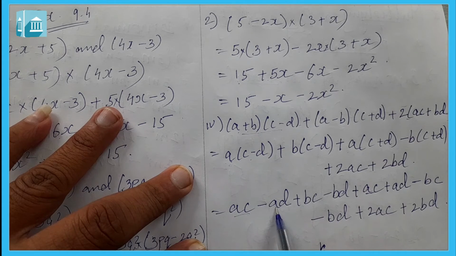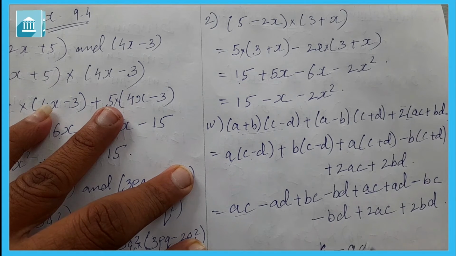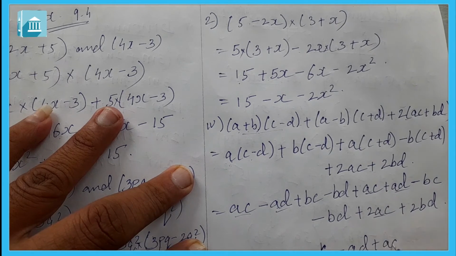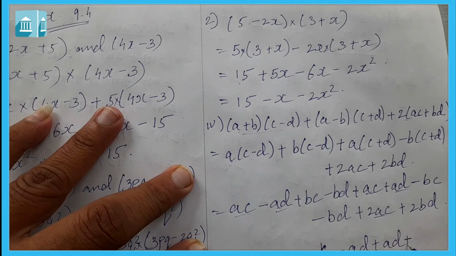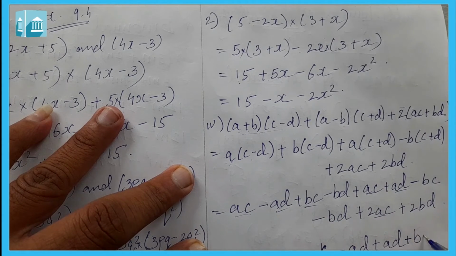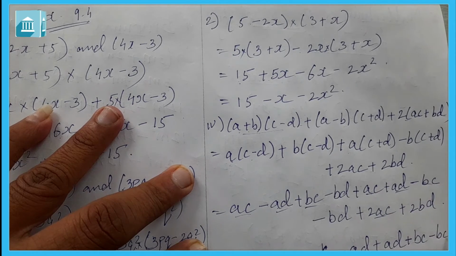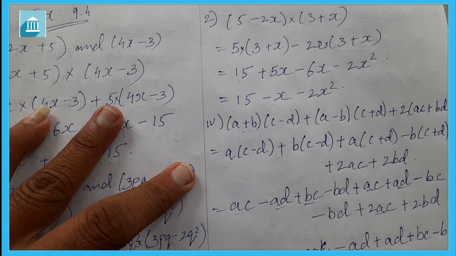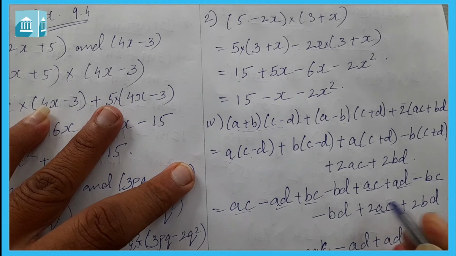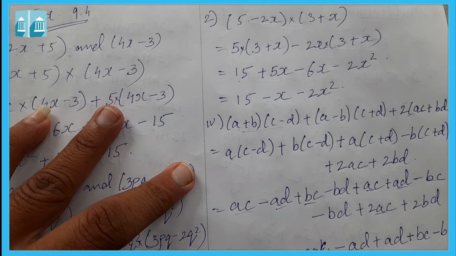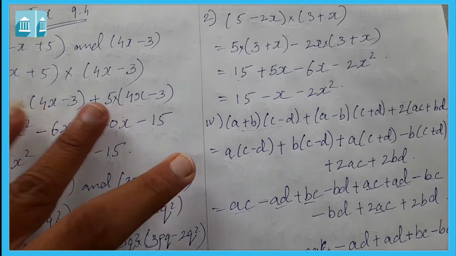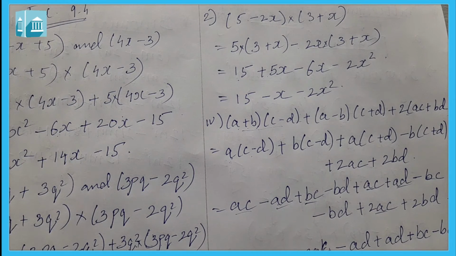Now ad, minus ad plus ad, then bc, plus bc minus bc, then minus bd, minus bd plus 2bd. So here we have put like terms together.